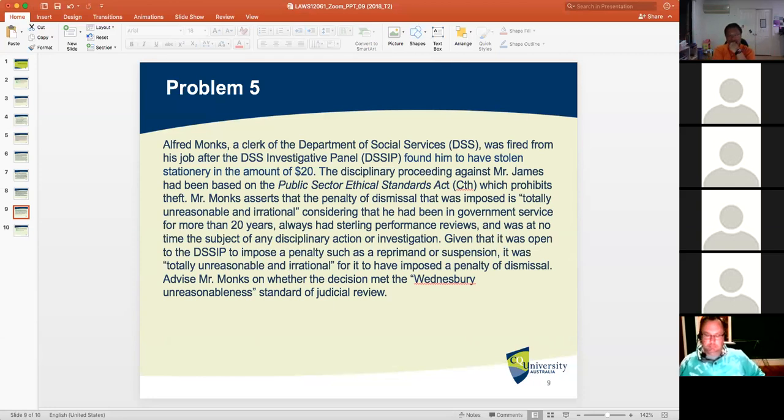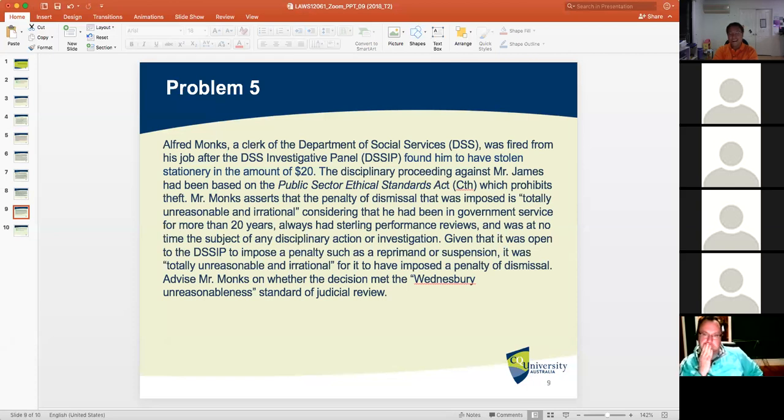But when the DWSIP decides to interpret the law very narrowly, because the Act does not specify how much, it doesn't give any range, it just says theft. Stealing $1 is still a theft, and therefore it meets the definition of the word theft for the purpose of this Act. So I think dismissing Mr. Monks for a $1 theft will still be reasonable.